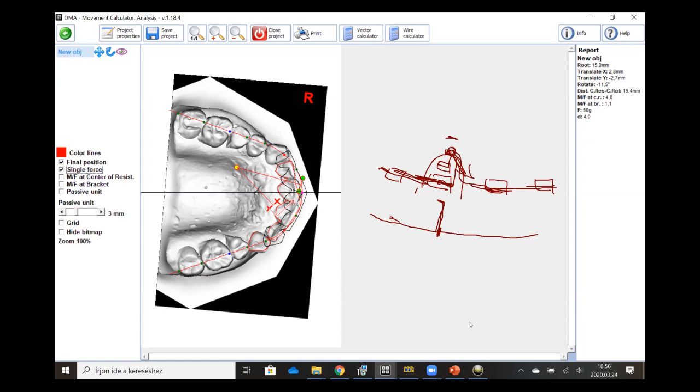So either you bend it, or you make soldering, maybe in the lab, whatever. But this is better than applying the cantilever here. And the cantilever, as you see, has this direction, the force.